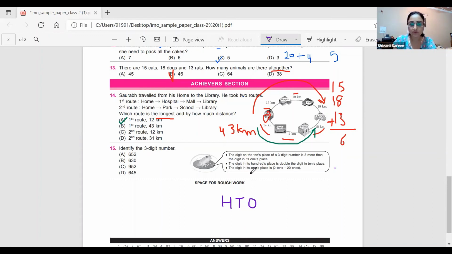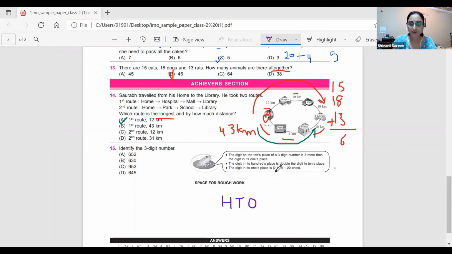Now, the digit in the hundreds place is double the digit in the tens place. For example, if it is 5, it cannot be 10 because then it will become a 4-digit number. So it has to be smaller than 5. If it is 4, 4 twos are 8. Now, the digit in the ones place is 2 tens minus 20 ones.